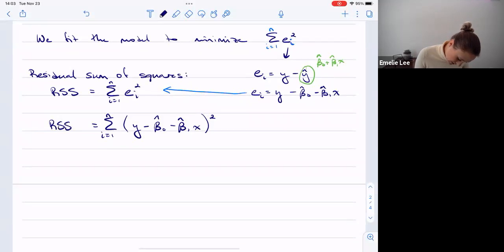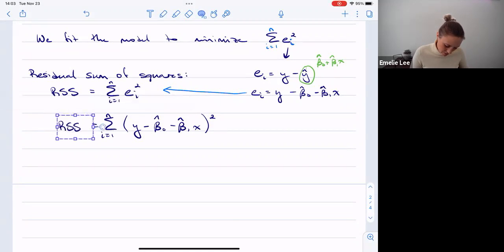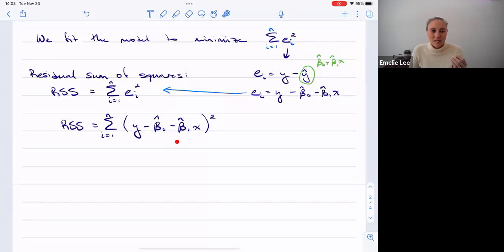So the RSS is that summation. What that means is that the least squares regression line selects a model that has the coefficients that minimize the residual sum of squares.